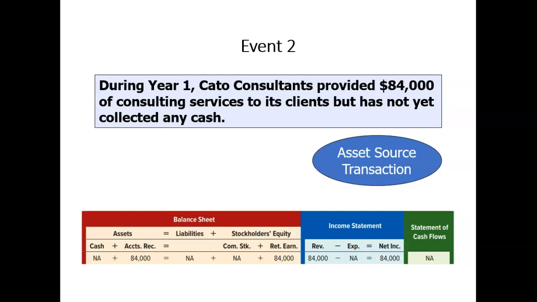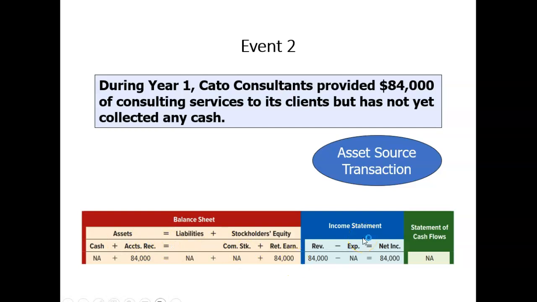In this situation, accounts receivable is an asset. It is something of value that is owned or controlled by the business. So your assets increased by 84,000 and retained earnings increased by 84,000 because your revenue increased by 84,000. So the accounting equation is still in balance.